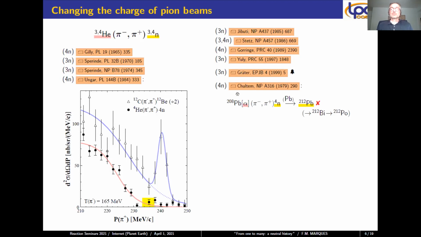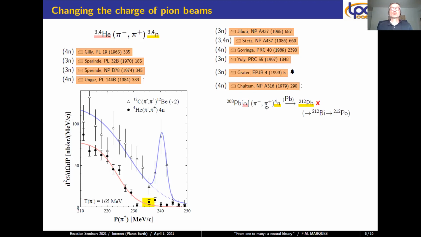And then just to finish this technique, this is another interesting case in 1979. The same reaction, so pi minus, pi plus, but instead of on a helium target, on an alpha particle that is inside lead.